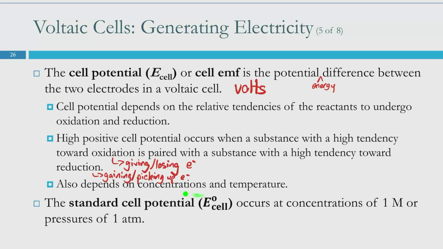It also depends on things like concentration and temperature. But the big part of it is: is one of our electrodes really likely to give up electrons, and is the other very likely to pick up electrons?